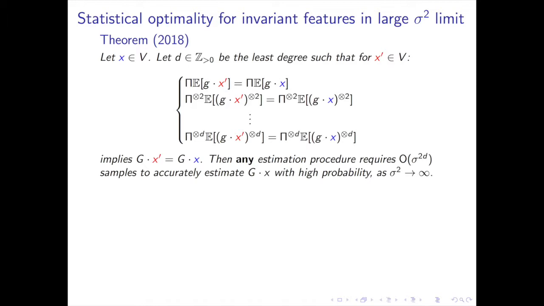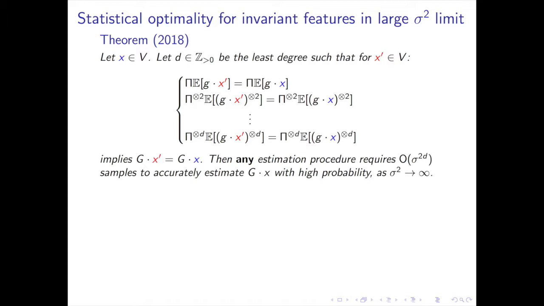So fix x, and now let d be the least degree, possibly depending on x, such that for all x prime, x and x prime having matching moments up to degree d implies that their orbits are equal. Matching population moments implies that the orbits are equal.